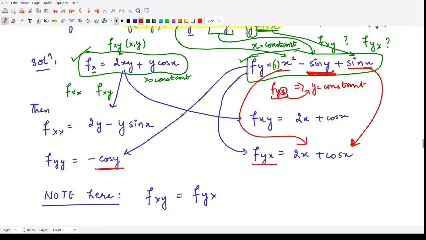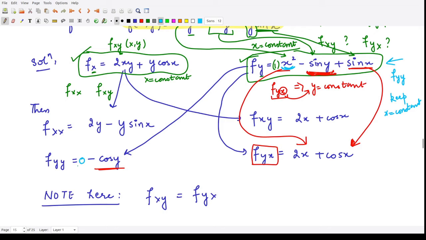So this is fyx, and when you compute the partial derivative of this quantity with respect to y, you will keep x as constant. In the first term, because we only have a constant, its derivative would be 0.